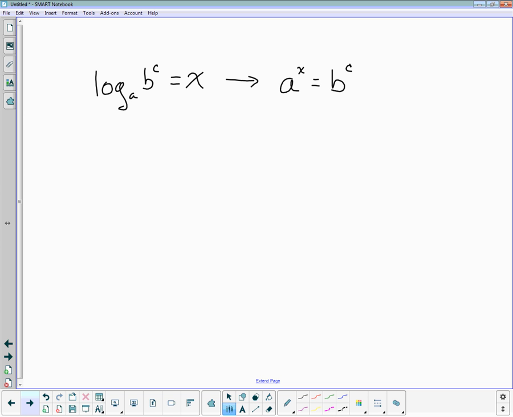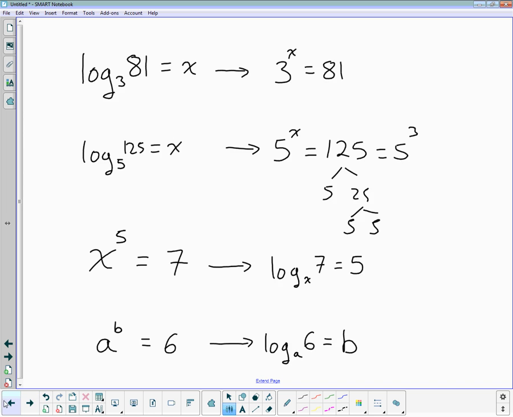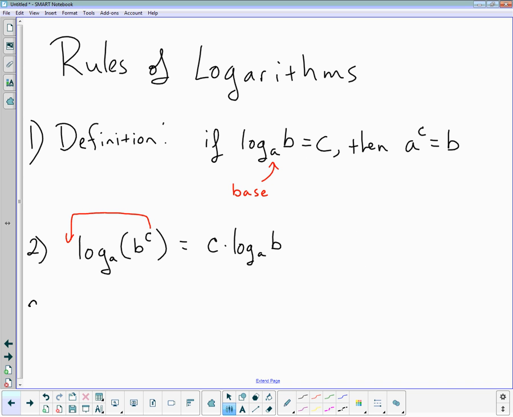All right. Well, now if we think about this for a second, what's really going on? If I can take what was a high order operation and bring it down to be multiplication, then my work becomes easy. Hold on to this for just a second. What was exponentiation becomes multiplication.